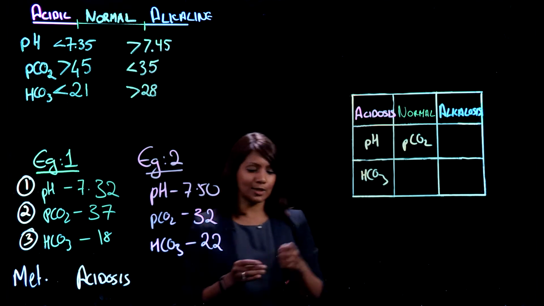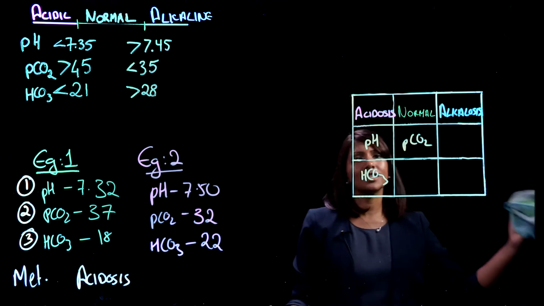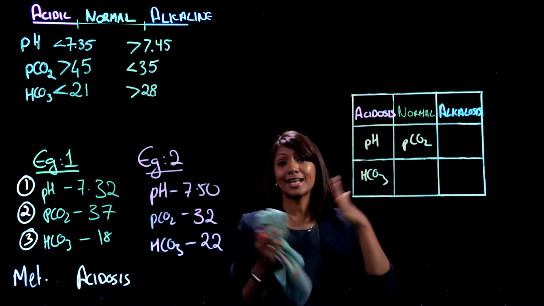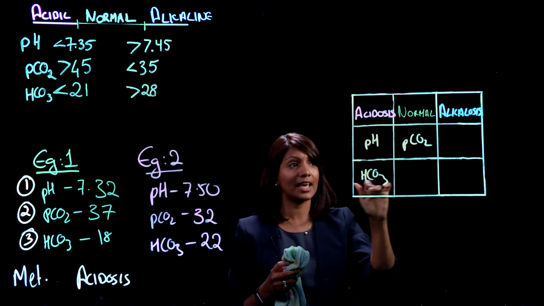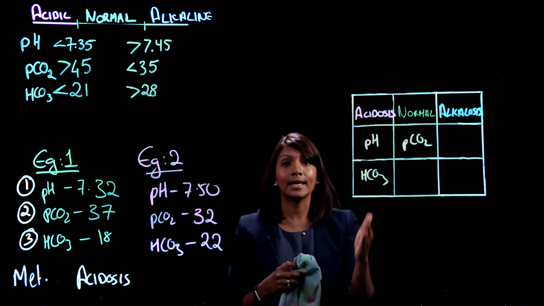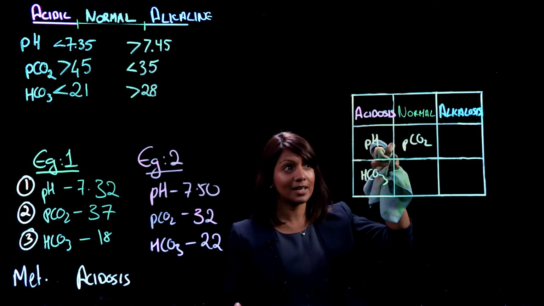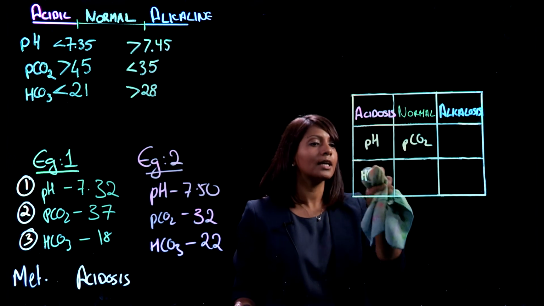Okay, so now let's look at the next example. As you can see, this box tells you where things lie. It's almost like a tic-tac-toe box, where if it's acidosis, you can look at the pH and the HCO3. They're all lining up together, which means that is the right answer. So pH is acidotic and is caused by a metabolic component.